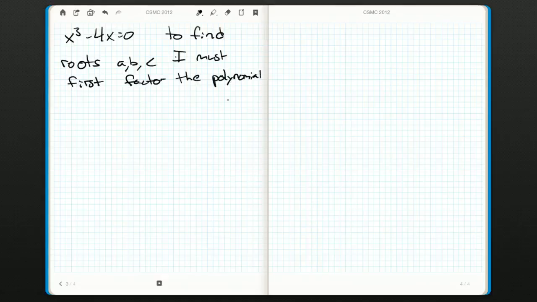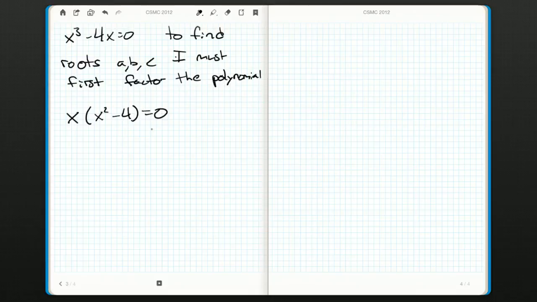Now, factoring cubics, not the easiest thing in the world. Factoring quadratics, we have the quadratic formula to find roots. Fortunately, they gave us a very easy cubic. Both of these have a factor of x, so we can take that out. x squared minus 4 times x equals 0.